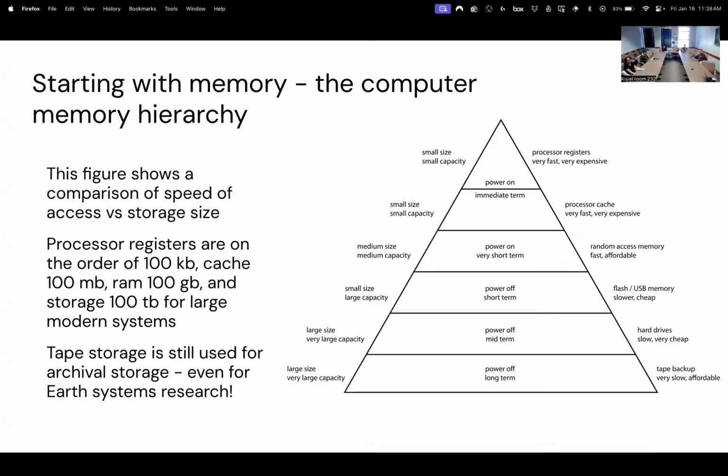And so we've gone, again, power on, there's a little bit of volatility that you can keep within here, but this is where when you turn off power, you lose the data. And then this puts us at hard drives, which are just your standard storage.